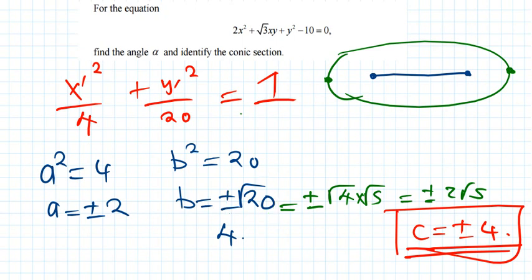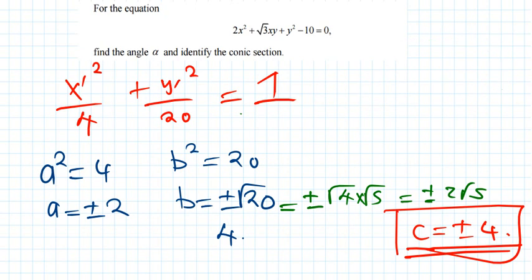Okay, so for an ellipse, you've got 4 vertices, so it's important that you determine which one is bigger. So the biggest value is for B in this case. Remember, I did mention that the fact that we've got a greater denominator for y implies this is going to be in this form.